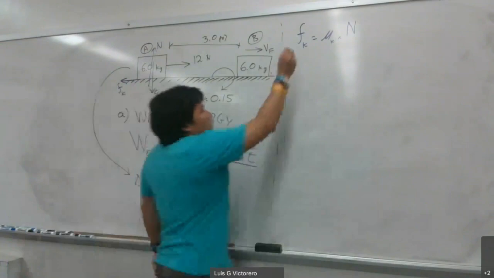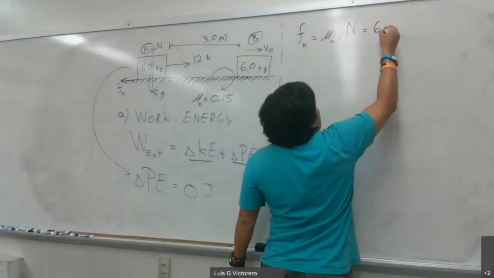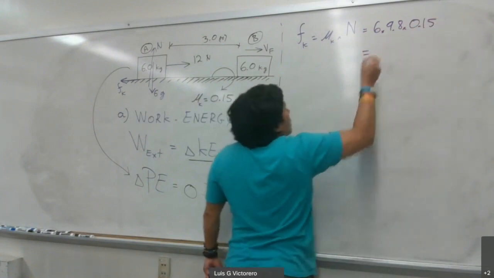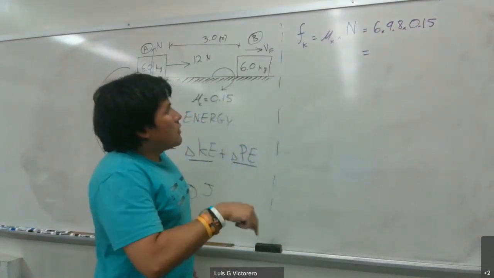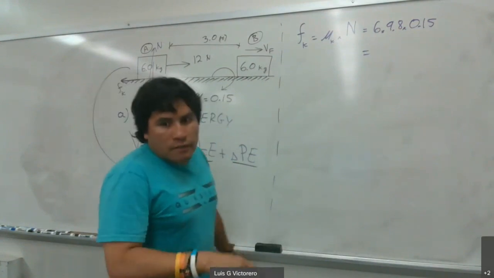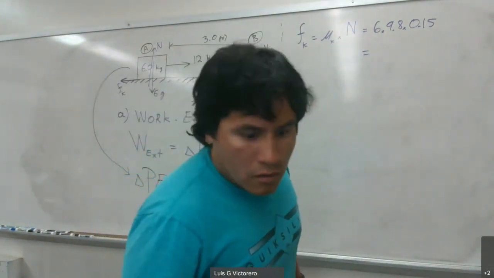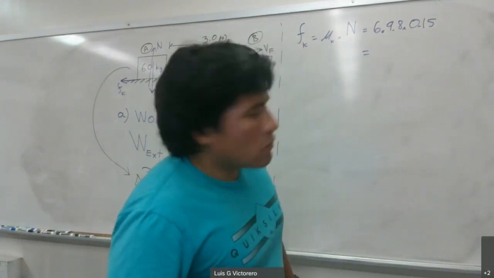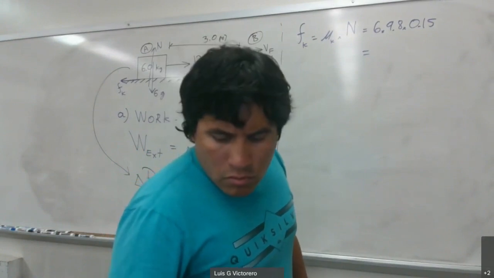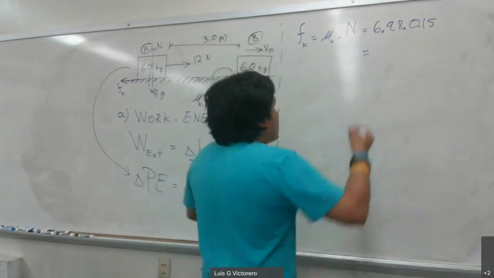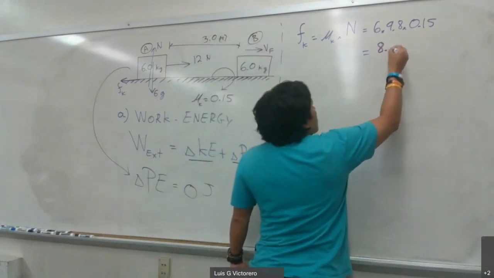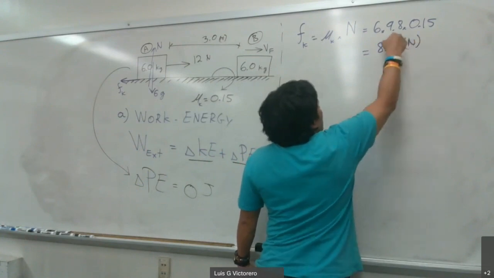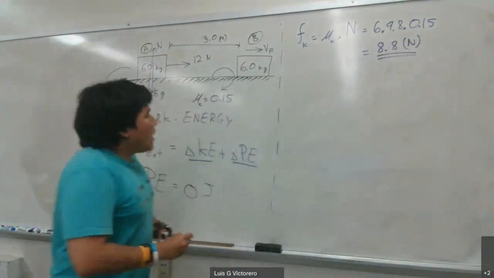So the kinetic friction will be 6 times 9.8 times 0.15, which is about 8.8 newtons.